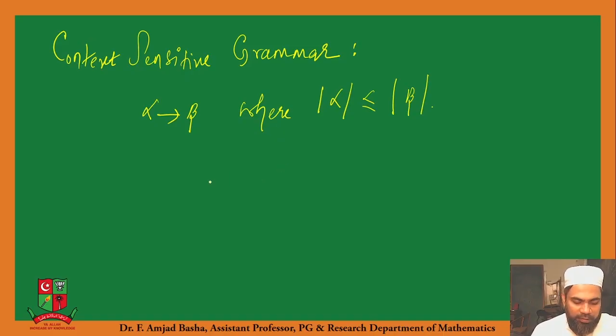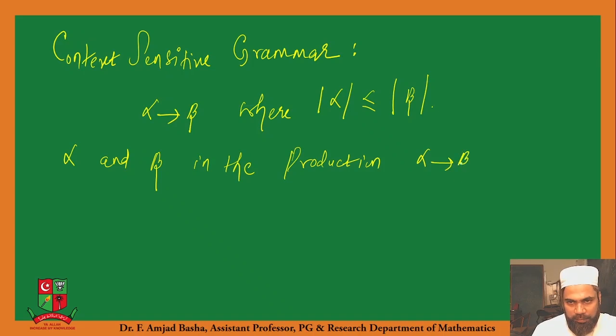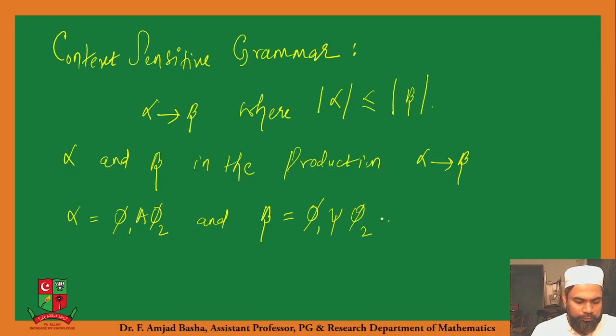Alpha and beta in the production can be expressed as alpha is equal to phi 1 A phi 2 and beta is equal to phi 1 psi phi 2.